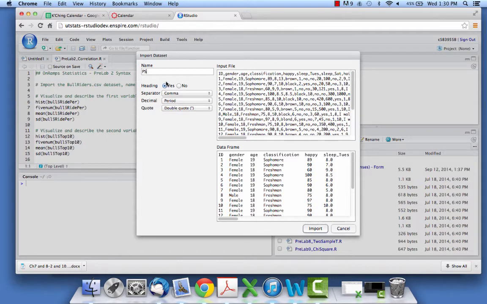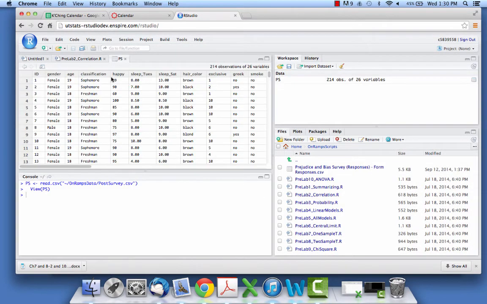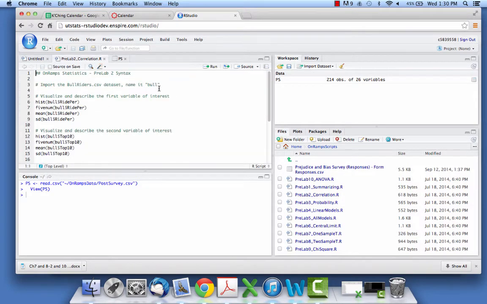Another thing that happens frequently is that people don't change the name when it tells them to. Like in this pre-lab, it says name it bowl. If you don't change its name, then here where it references bowl, there's no object named that. It's named this, and so it doesn't know what it's looking for. So that's one problem.